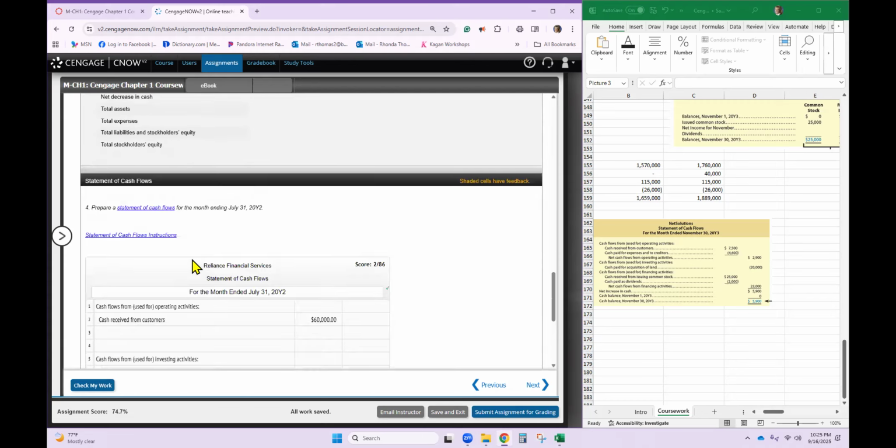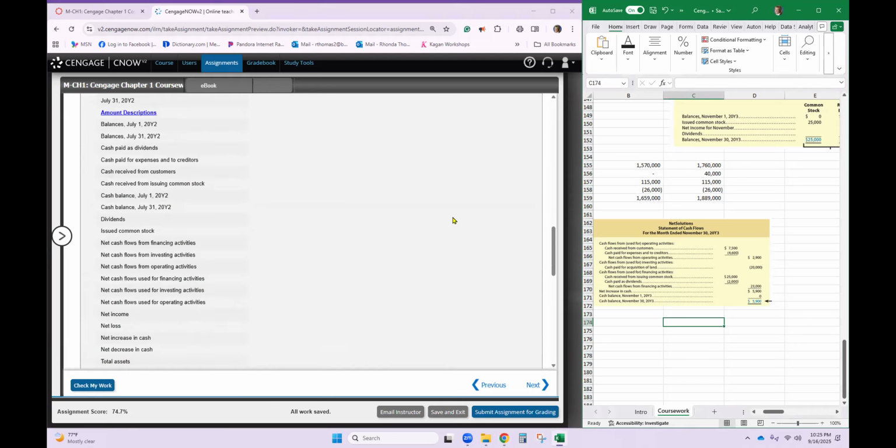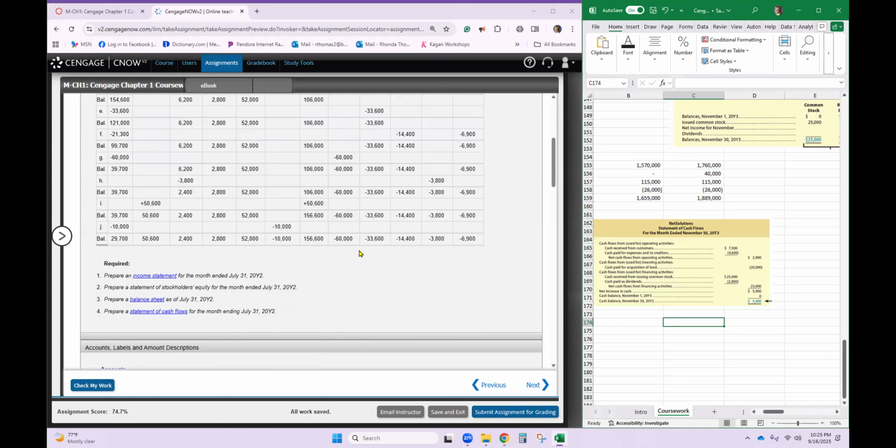Okay, this is all about the operations of the business. And so if you look at the grid, we're going to put all these expenses in down here at the bottom. So I'm going to start with 60,000.